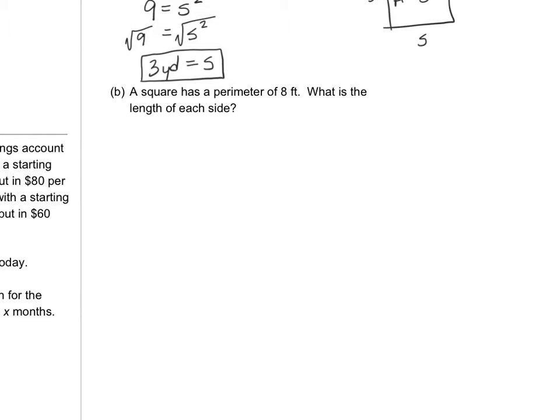Part B is a square. Again, all the sides are equal, that has a perimeter of 8 feet.